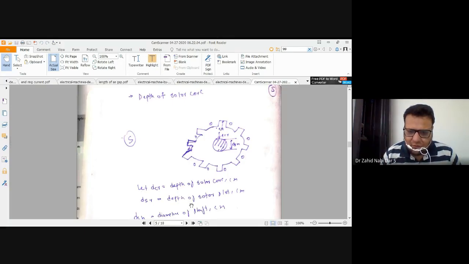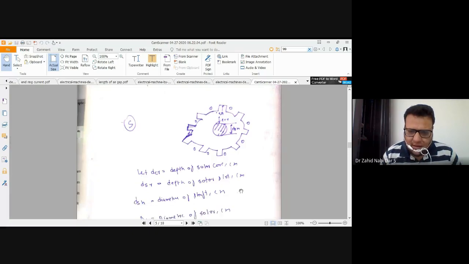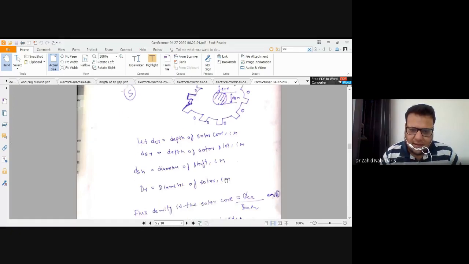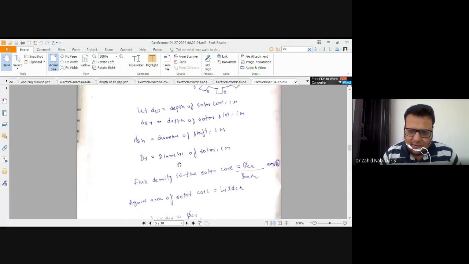So this is the depth of rotor slot in centimeter, and DSH is the diameter of the shaft. With the rotor you have one shaft also that is coming out. The main rotor is this part only, and that shaft also is coming out. So this is the diameter of the shaft, also in centimeter. And Dr is the total diameter of the rotor in centimeter.